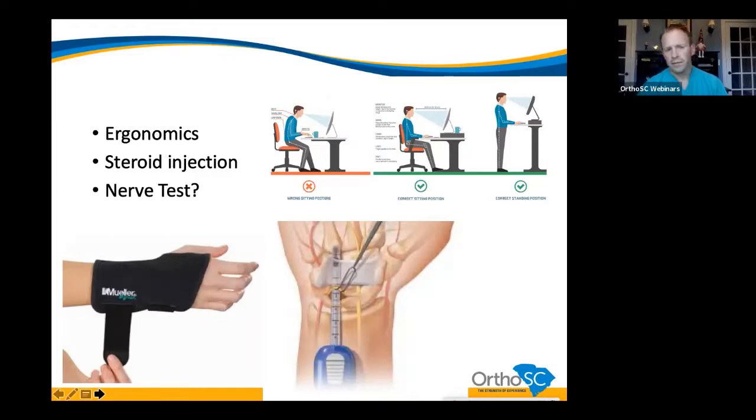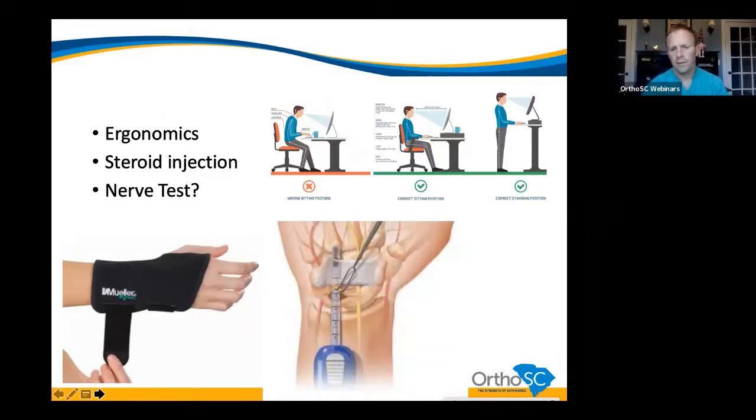Before you get the surgery, a wrist brace that keeps your wrist straight at nighttime can be helpful. This will keep you from bending your wrist. A lot of times while you're sleeping, you're curling your arm up underneath your chin, and that will kink off the blood flow, kind of like kinking a water hose.